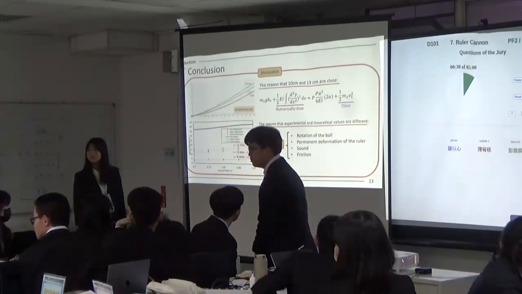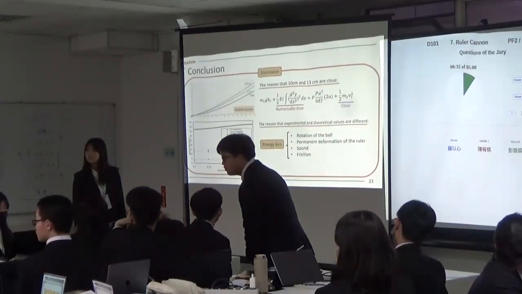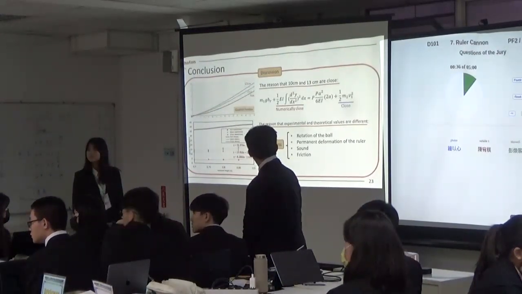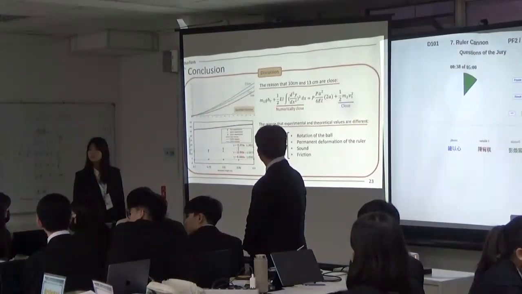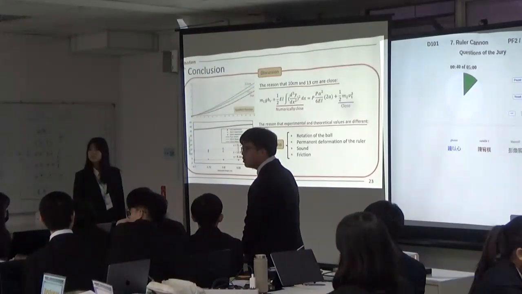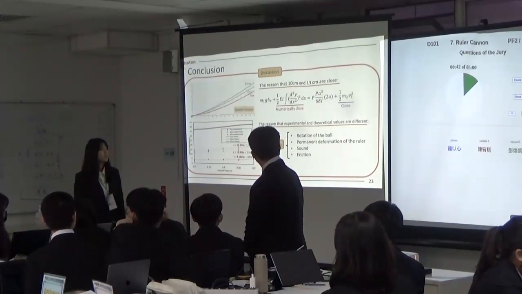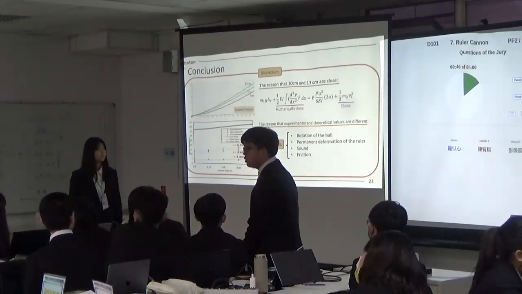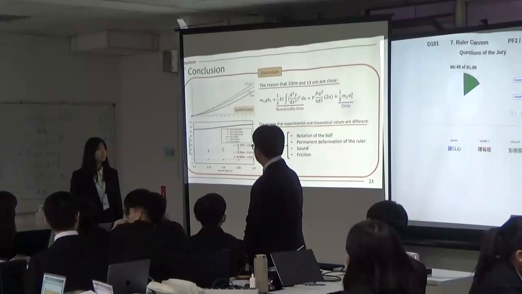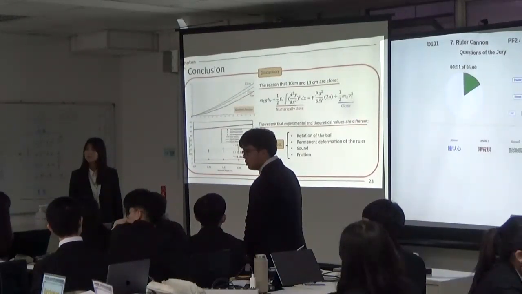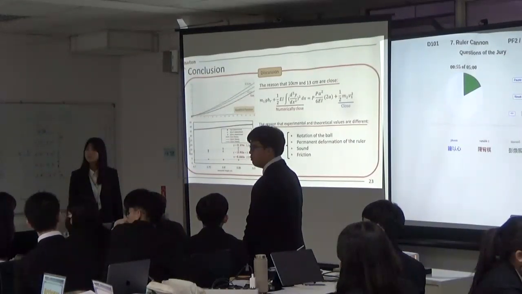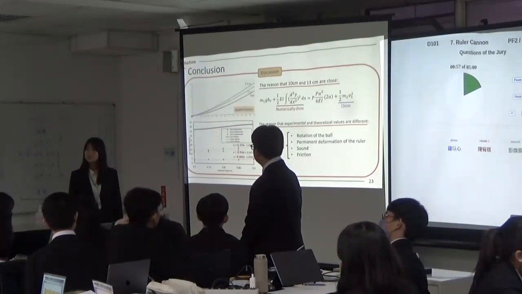Apparently, they have a very big difference. You mentioned the energy loss, but you listed four terms: rotation of the ball, permanent deformation of the ruler, sound, and friction. However, I don't know which one is the net contribution to the error.